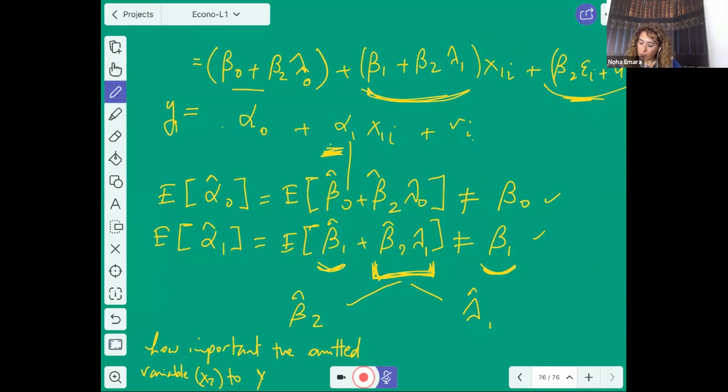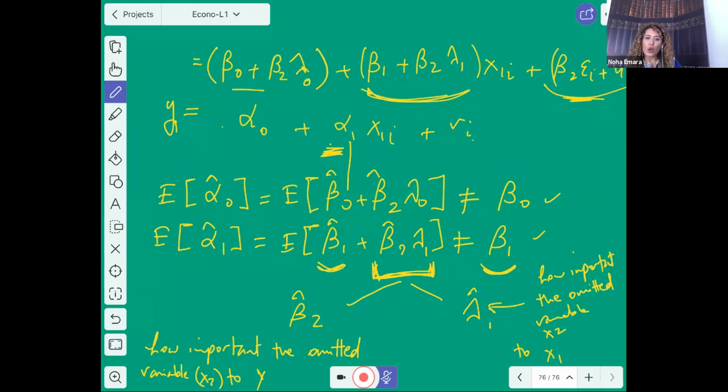And then this other part reflects how important the omitted variable, which is again x2, is to the included variable x1, okay?